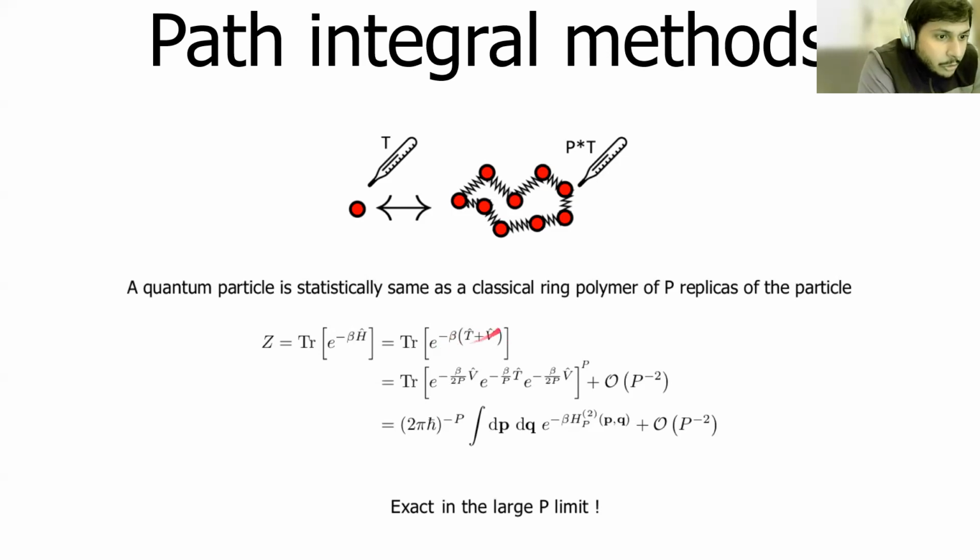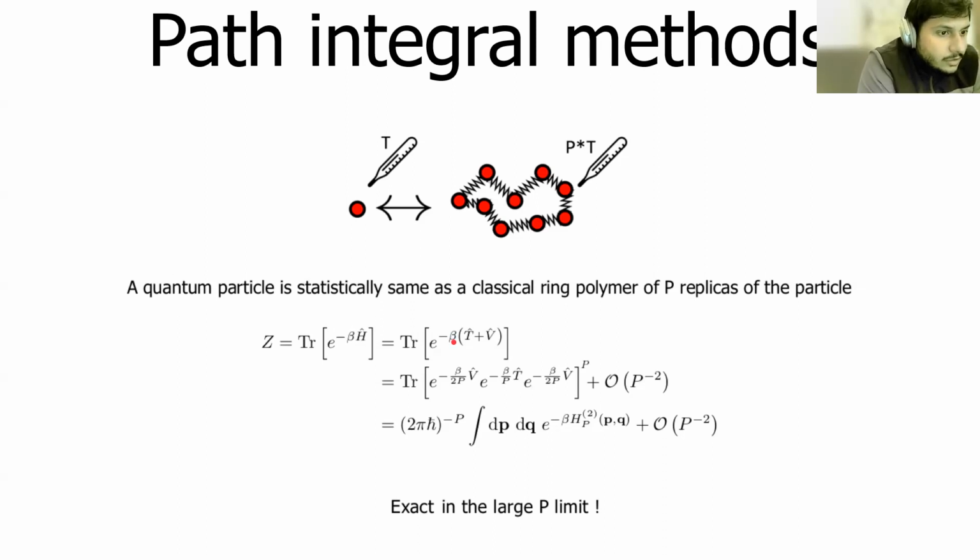However, if you raise this to the power of P and to the power of 1 over P, so you basically write this term raised to the power of P, raised to the power 1 over P, and then you absorb this 1 over P here, you can say that I am raising the temperature of my system.